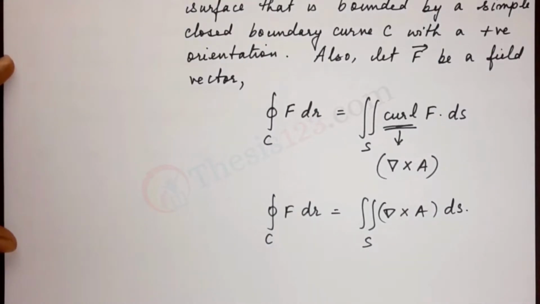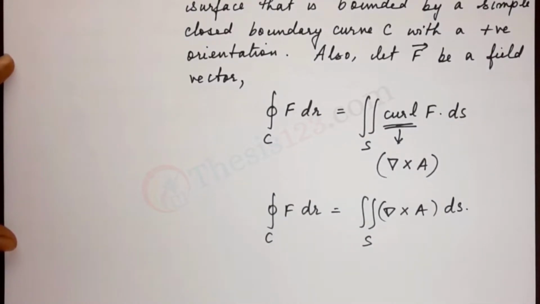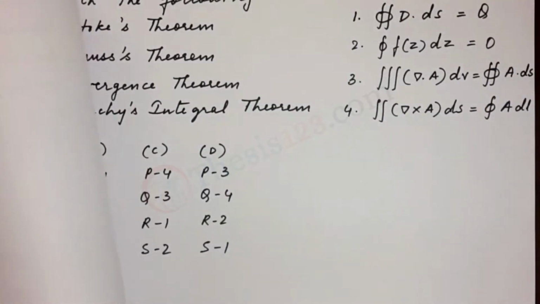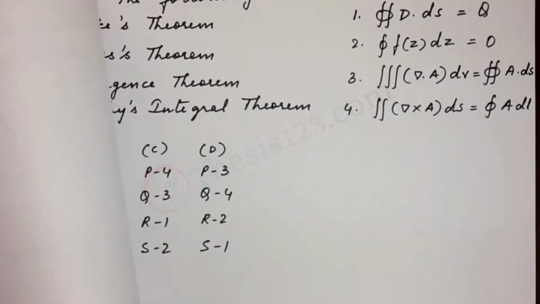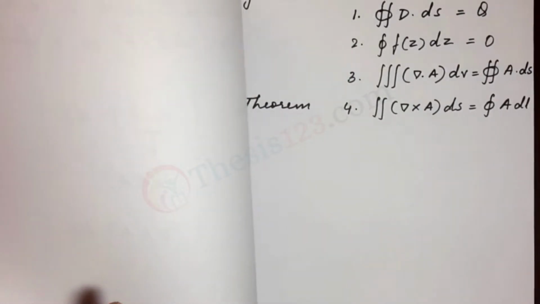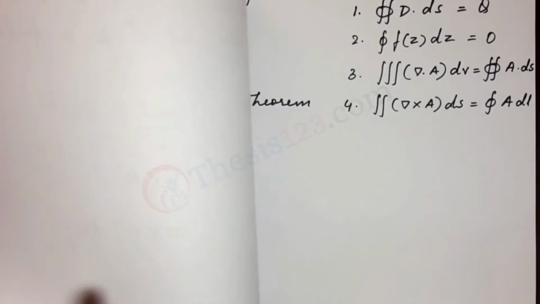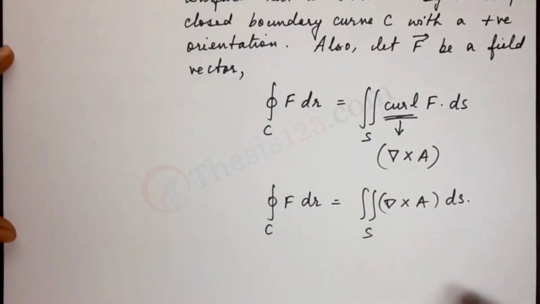Now, if we compare this with the options given to us, we see here there is just the fourth option, there is delta cross A. So we have an option with delta cross A there.